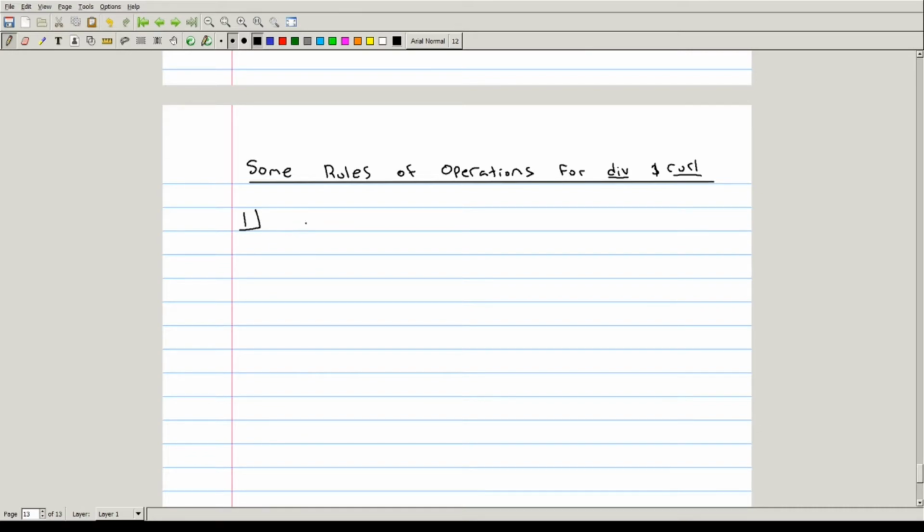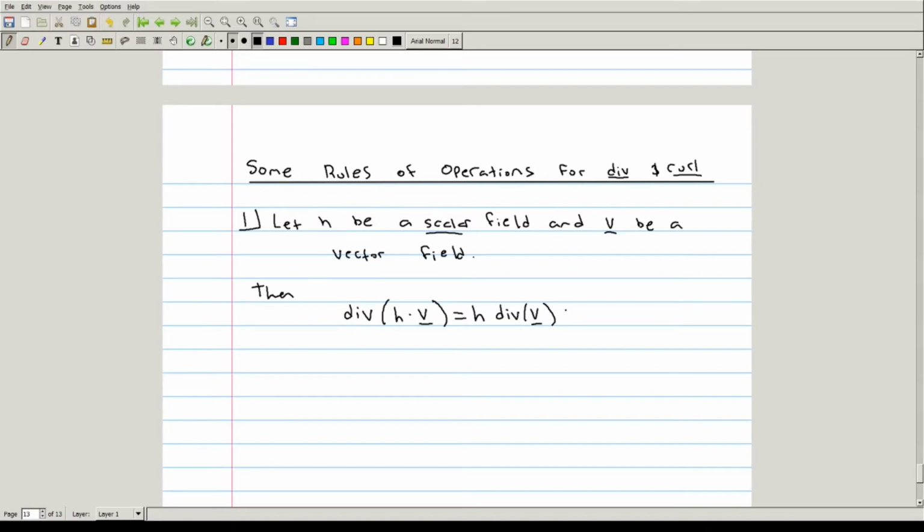So for this first property, let H be a scalar field and V be a vector field, then the divergence of H times V is equal to H times the divergence of V plus the gradient of H vector dot product with V. And the proof of this I already kind of went over and talked about a little bit earlier.